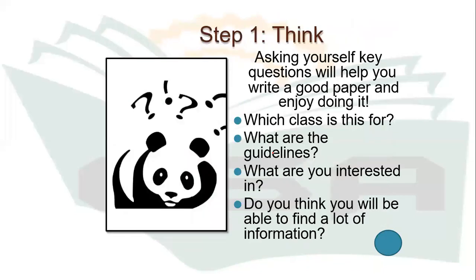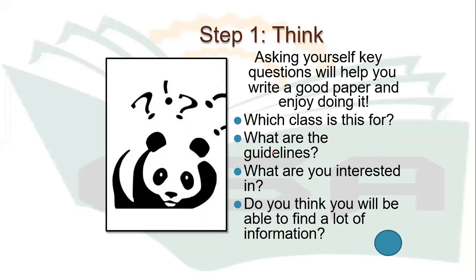So first of all, we will discuss step one, which is thinking. First, I will think about what I should write, why I should write, and what I'm going to write about. Asking yourself key questions will help you write a good paper and enjoy doing it. Writing a research paper is a very difficult task, but you can do it by enjoying it.